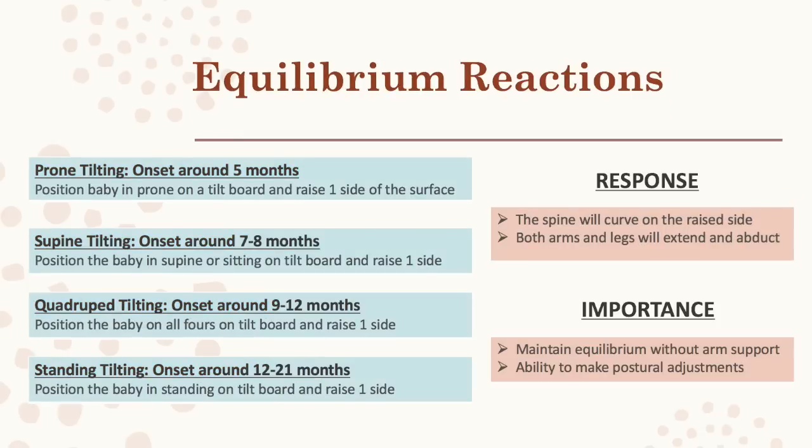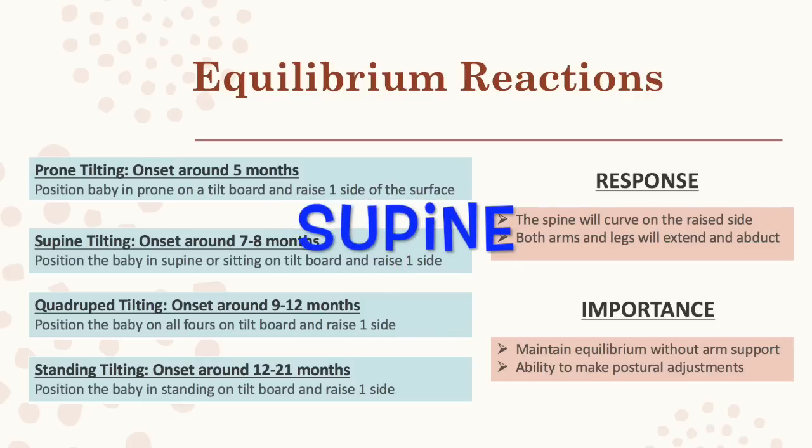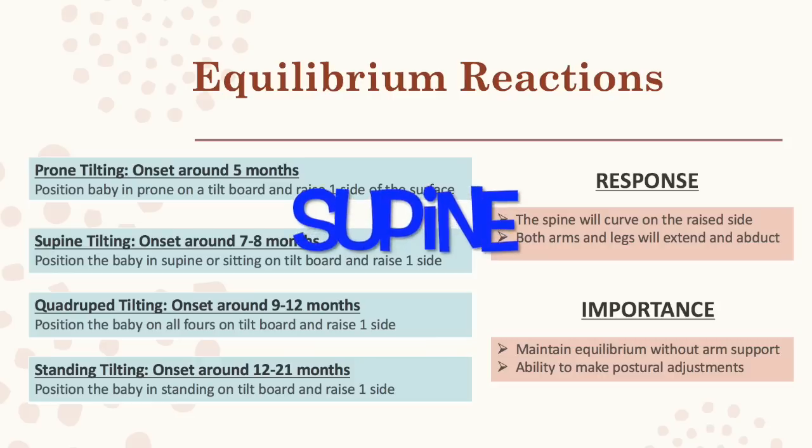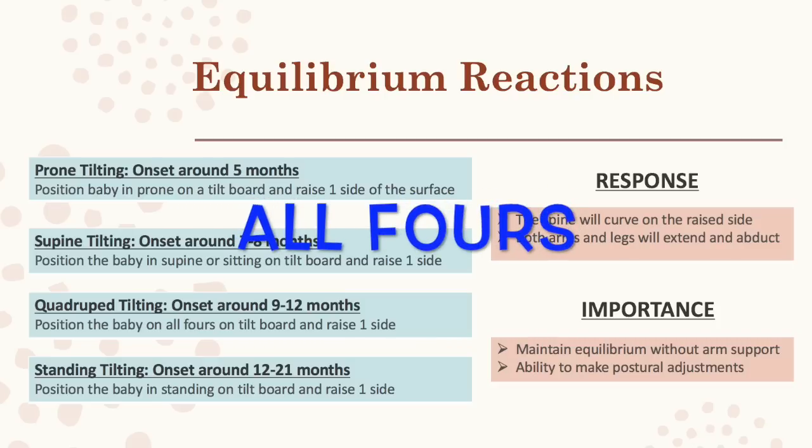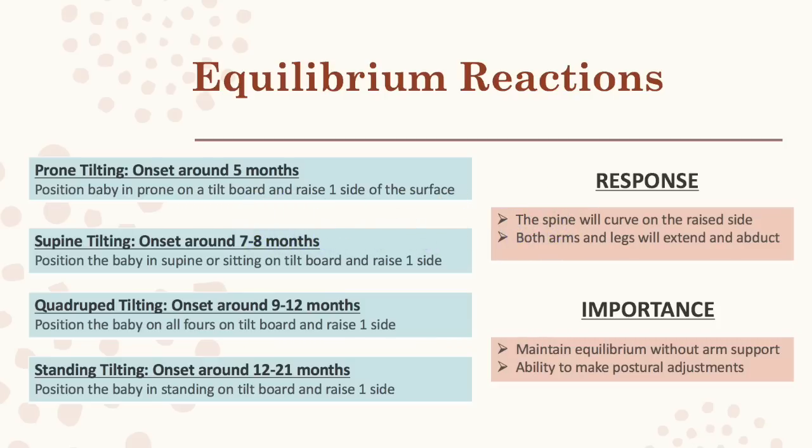For supine tilting, this one emerges around month 7, and as the name suggests, you would position the baby in supine on a tilt board and raise one side, and you would observe the same reaction with the same functional importance. And quadruped tilting, this one emerges around 9 months, and for testing, you would position the baby on all fours and again raise that one side.